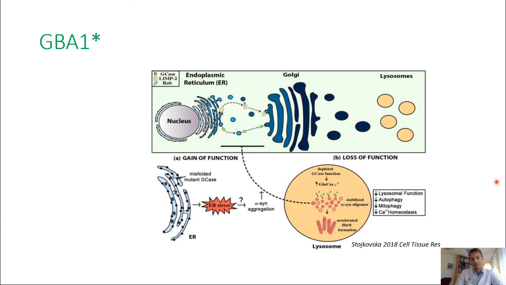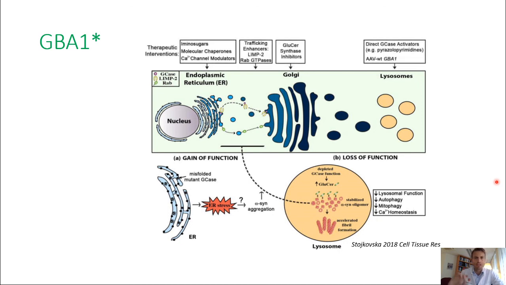So both in the gain of function and loss of function side, GBA1 seems to be a promoter of pathological alpha-synuclein within the cell. And there are some therapeutic interventions that you can use to reduce the gain of function or the loss of function. This is still being investigated, but it's a very interesting way of looking at preventative therapies in GBA1 positive patients with Parkinson's disease.